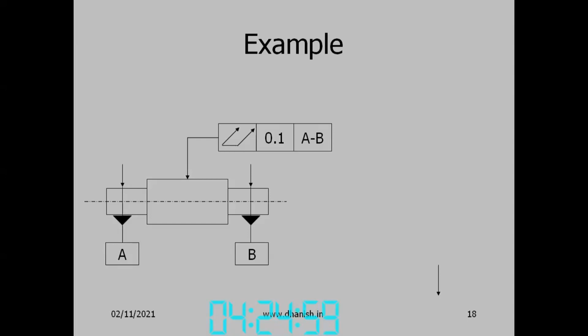Then we place a dial gauge, and when you rotate, it should lie within 0.1. And if you also move it axially, it's total runout. So rotation plus axial movement over the length of the workpiece. So that is the meaning of it.